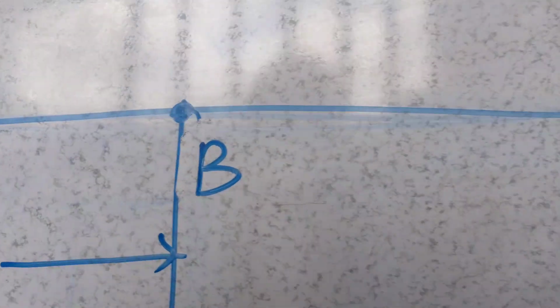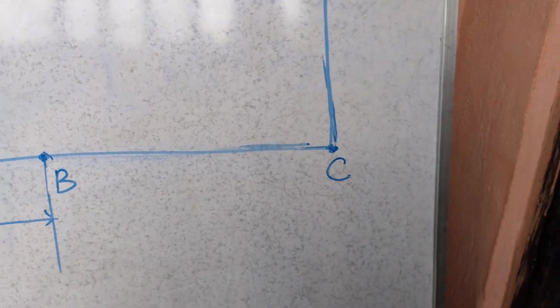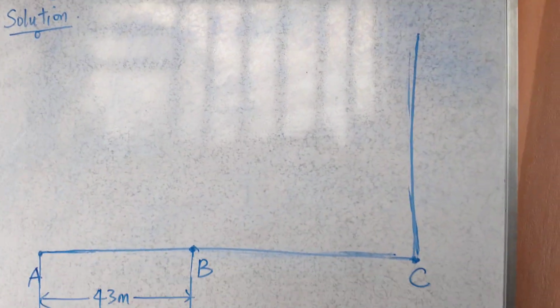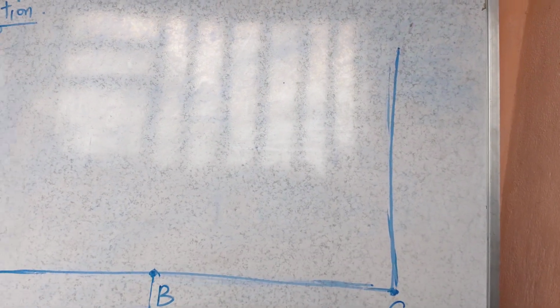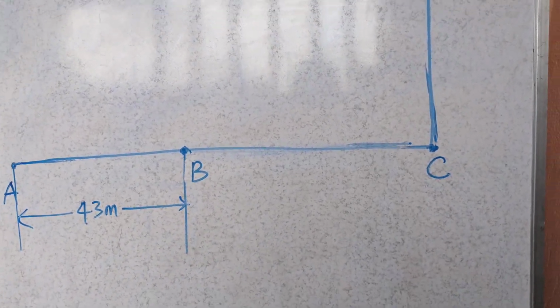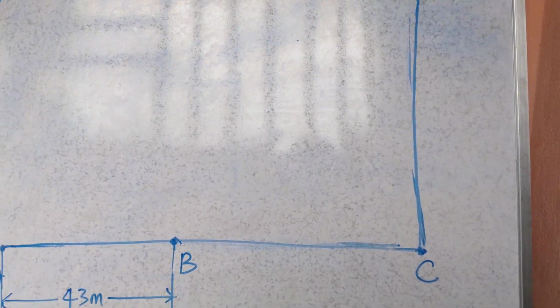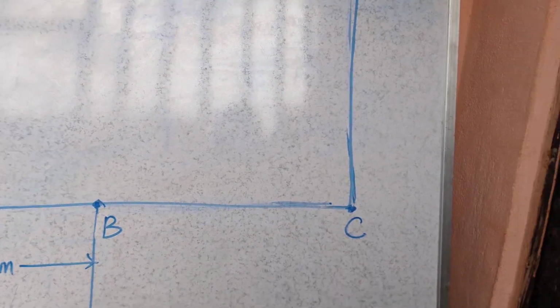So you are going to draw that pole. You extend the pole upwards. So I have this as my electric pole. It says the angles of elevation of the top of the pole are 24 degrees and 37 degrees respectively.